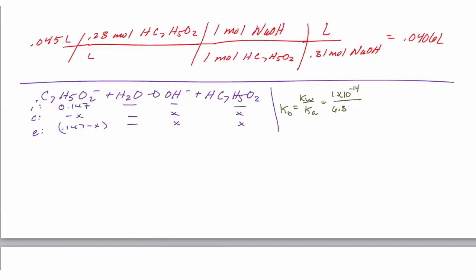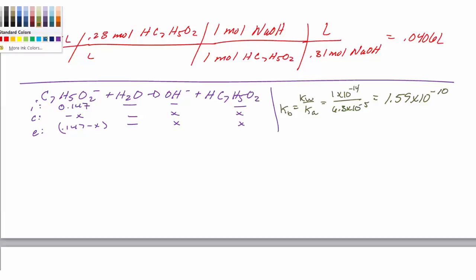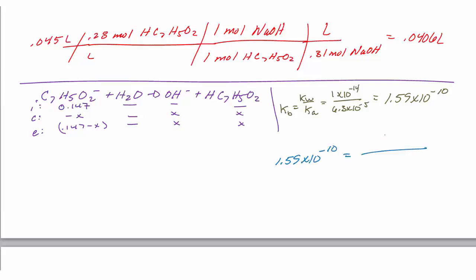That gives about 1.59 times 10 to the negative 10, which will be my Kb. Okay, well, that's my Kb. 1.59 times 10 to the negative 10 has to equal products over reactants, X squared divided by 0.147 minus X.